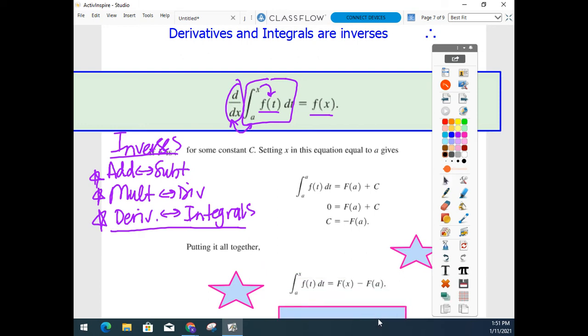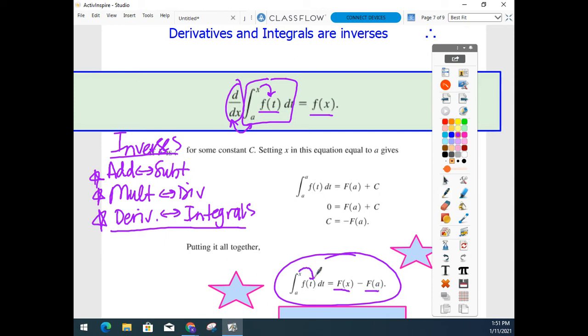And what we're going to start doing is, when we start evaluating integrals, we find our antiderivative. Remember that was our capital F from last chapter in section 5.2.